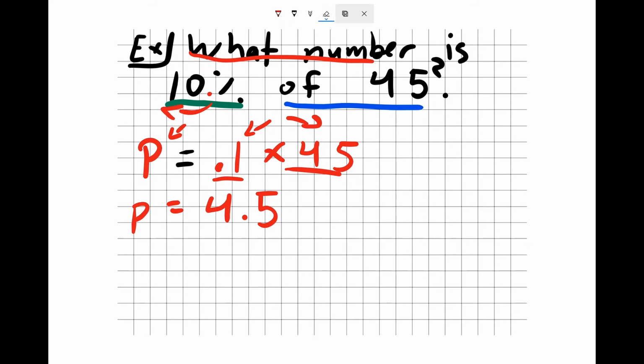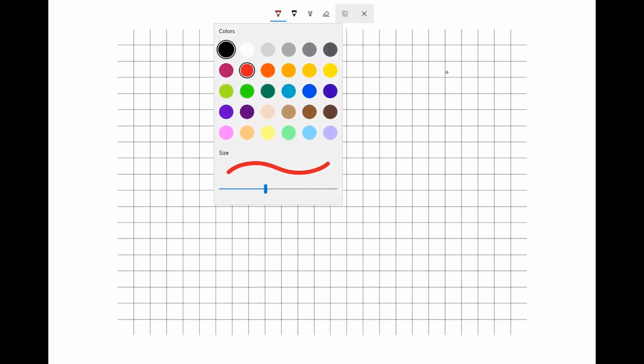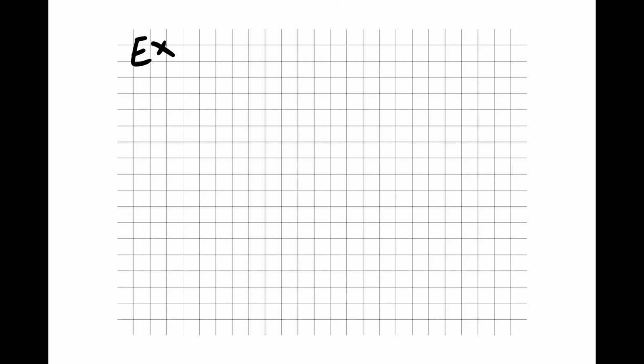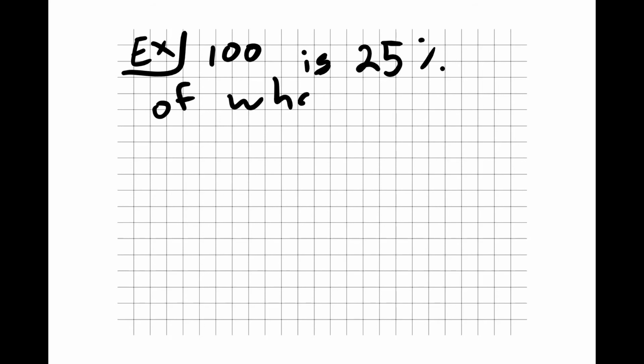All you're going to do is multiply the two values that your problem has already given you. Let's do one more example. Now let's say we have 100 is 25% of what number?